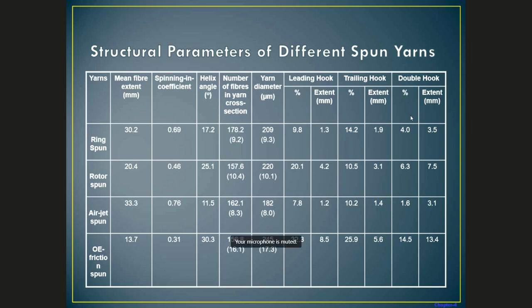In case of air jet yarn, you will be aware that the fiber ribbon is divided into two parts. One part becomes the core, and another part becomes the wrapper fiber. So the wrapper fibers wrap the core.